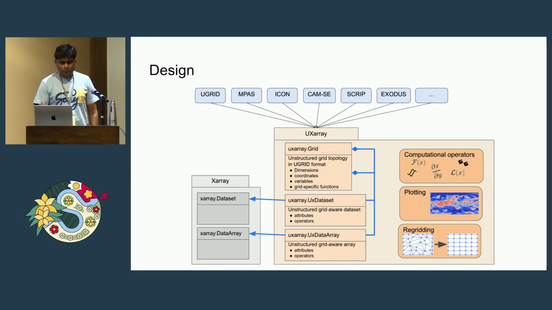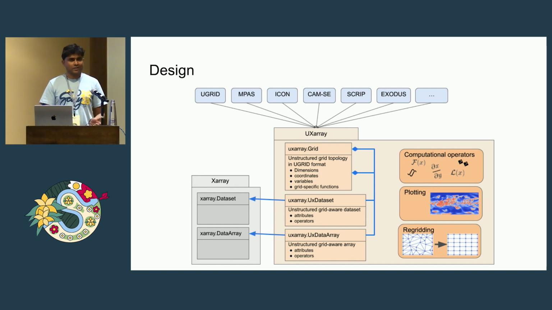The design overall is that we are inheriting from xarray, so we get a UX data set and UX data array, which is very familiar from what xarray does. So you're in a familiar realm of using all the xarray operations when you inherit from xarray. Although it's discouraged, we had a long discussion, and in fact, in a year's worth of time, we did a whole redesign of the package too.